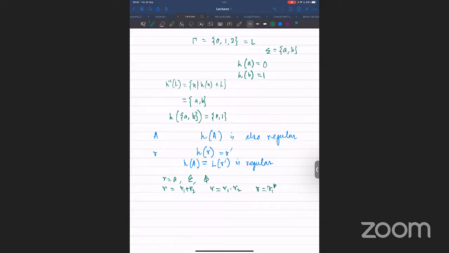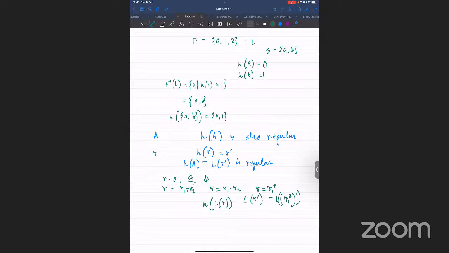So now what we wanted to say is that L of R prime, which is L of R1 star prime, is the same as H of L of R, right?